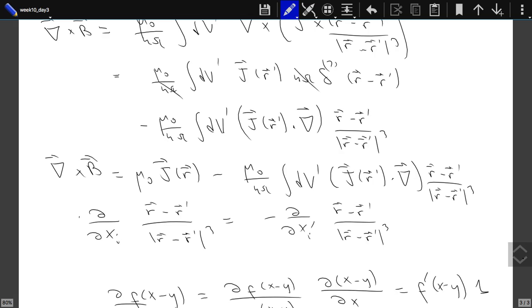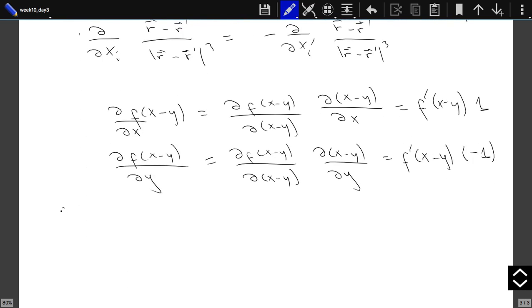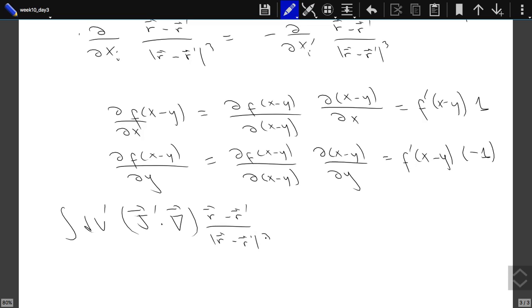So now let's look at that term only, this term. There I have an integral over my whole volume, j prime, the gradient del operator, r minus r prime over r minus r prime cube.